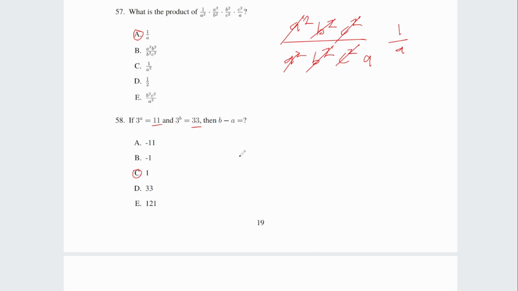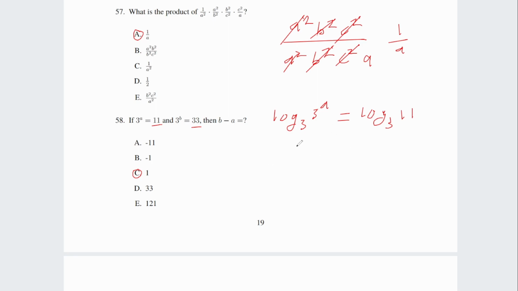We could also express this in terms of logarithms. We could say log base 3 of 3 to the a equals log base 3 of 11.